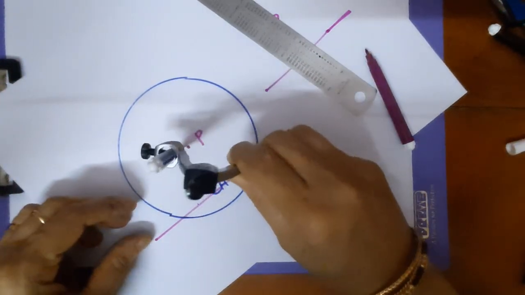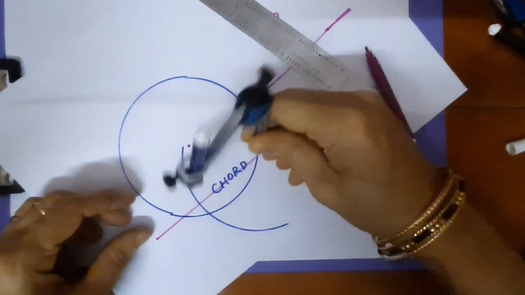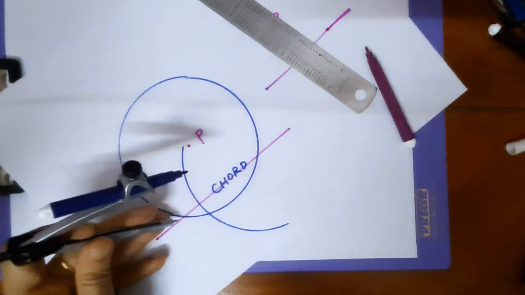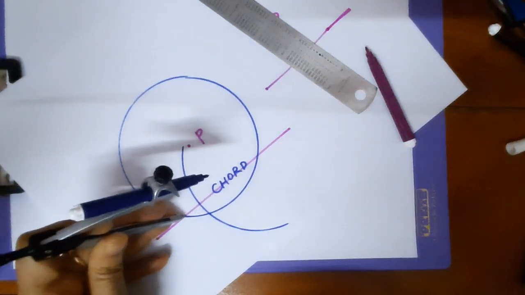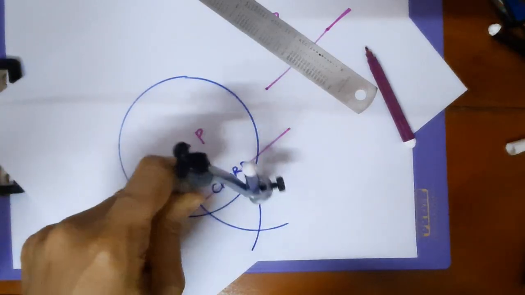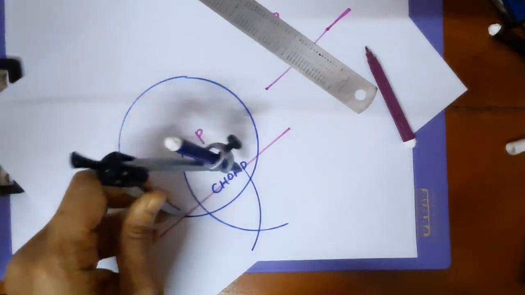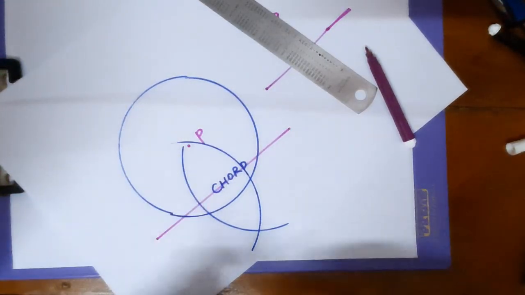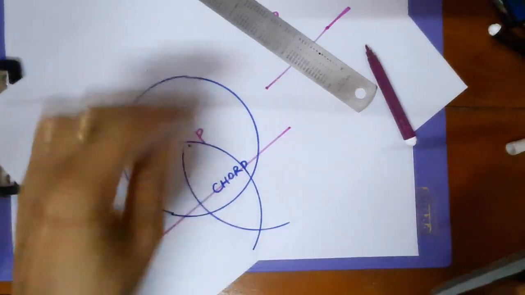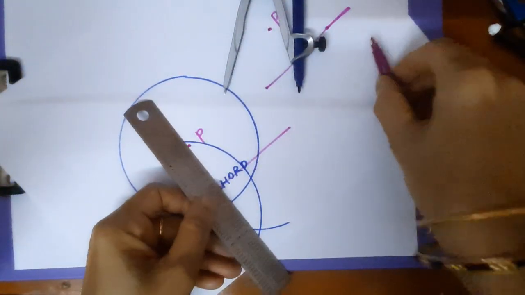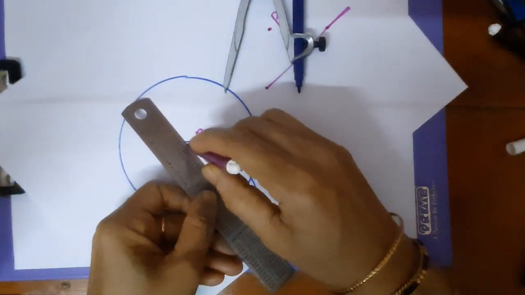Observe, when we bisect, we take more than half of the chord and draw arcs. See, even if it is drawn only to one side, it will pass through the center.